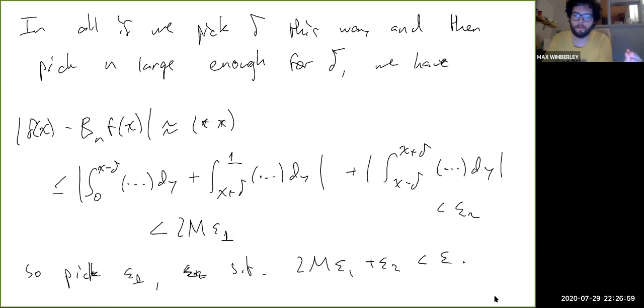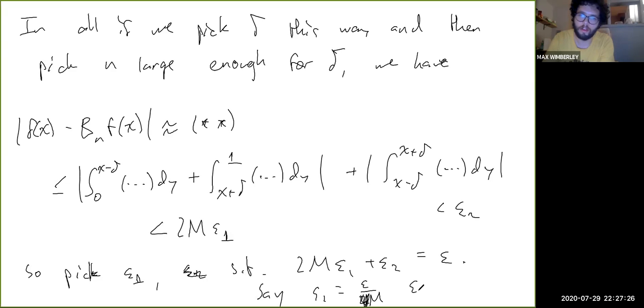Given epsilon, first, pick epsilon 2 to be like epsilon over 2. Epsilon 1 doesn't have to be less than, it can be equal, so epsilon over 2m, and then actually over 4m.